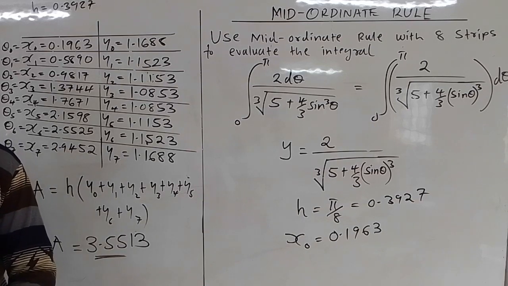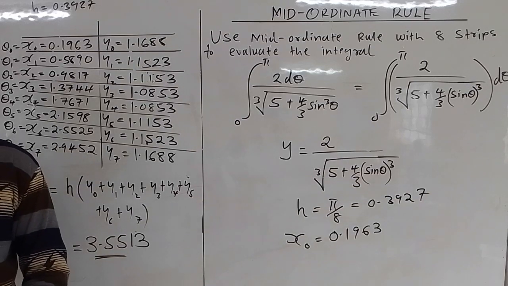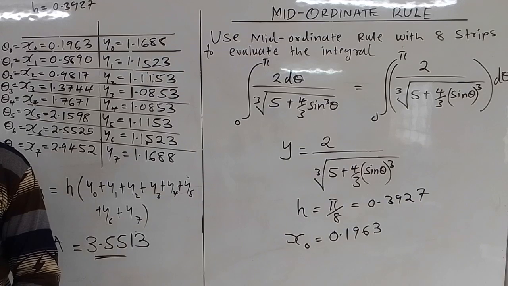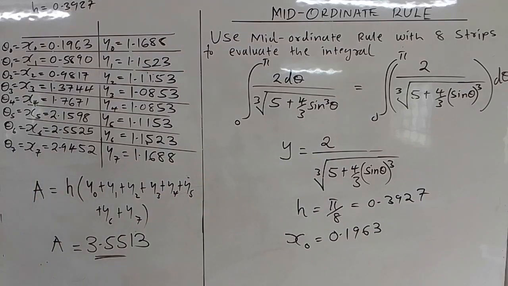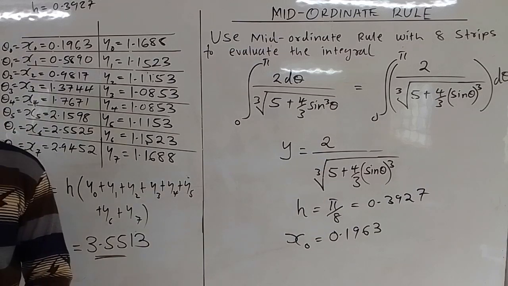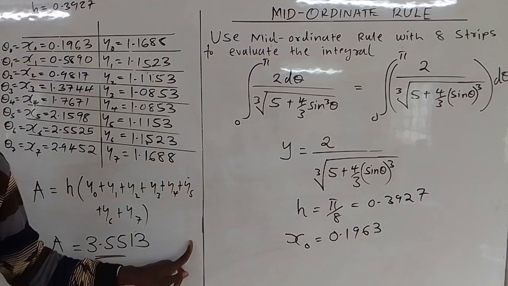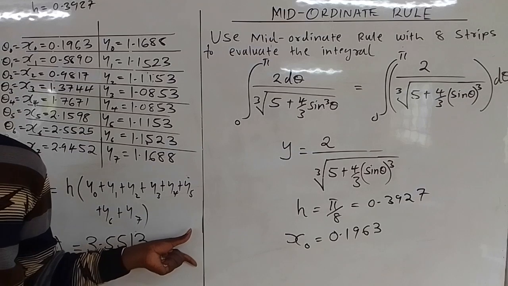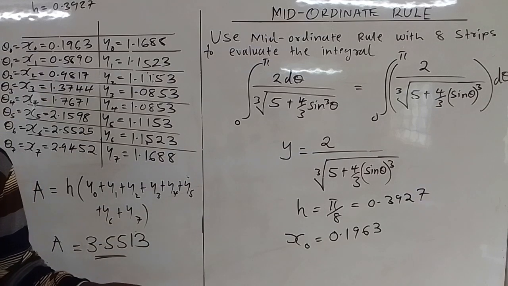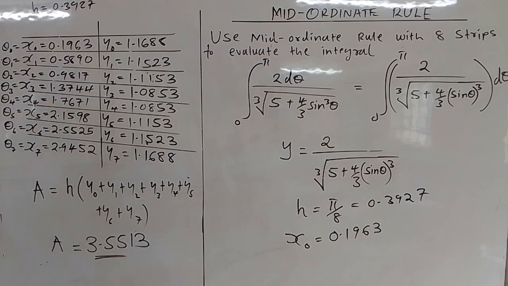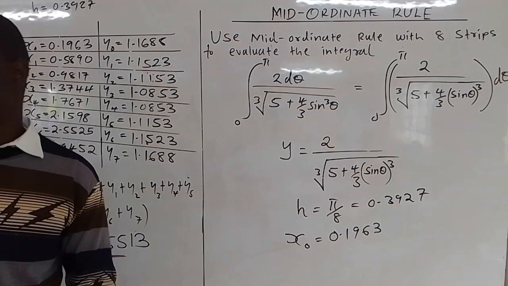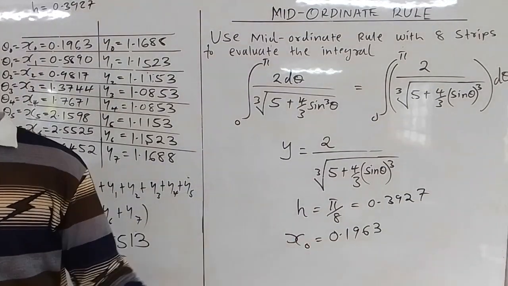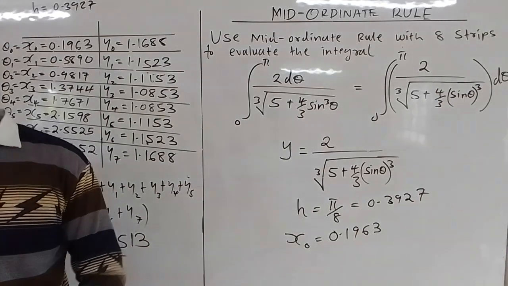So you've evaluated that integral with the mid-ordinate rule. Can we write the answer to be 3.5513 square units? Because of this area. Yes, you can write square units, but the reason why I normally avoid you from writing the units is that there are some cases where maybe you were working in meters, then at the end you write centimeter, or maybe you are getting a volume and the values you were given in meters, isn't it?